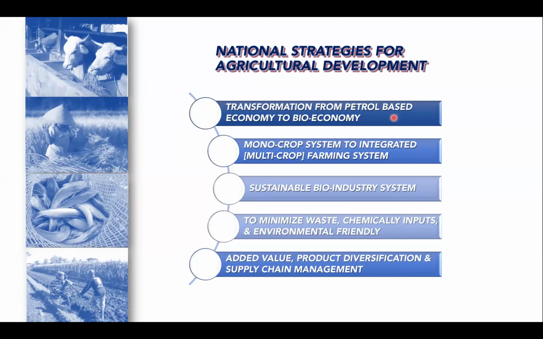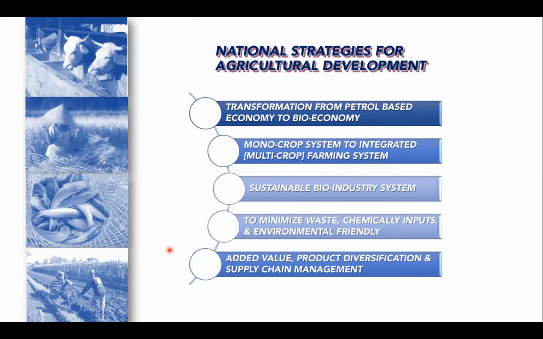Okay, sorry. I will continue. The third is sustainable bioindustry systems to minimize waste and chemical inputs, environmentally friendly, with added value, product diversification, and supply chain management, especially our colleagues from agricultural industry technology, who focus on supply chain management.